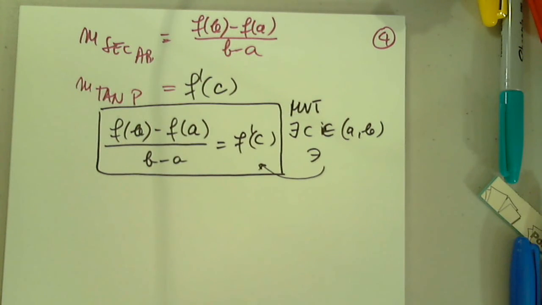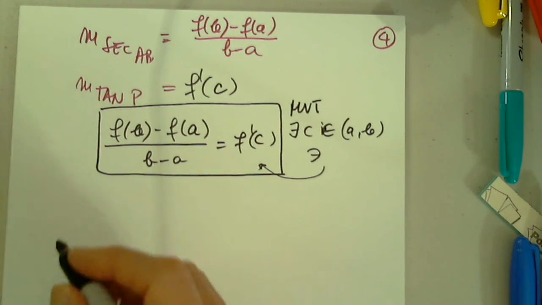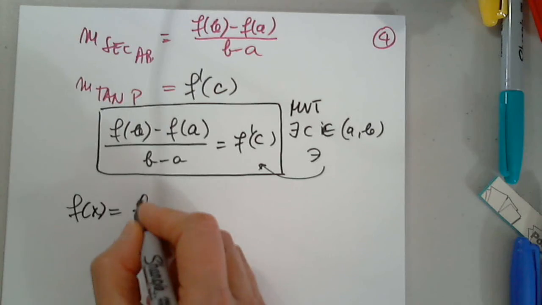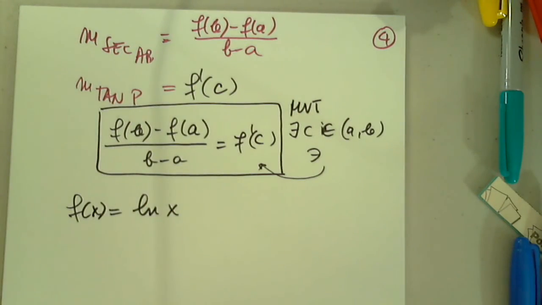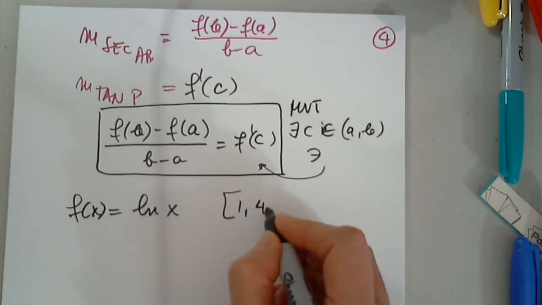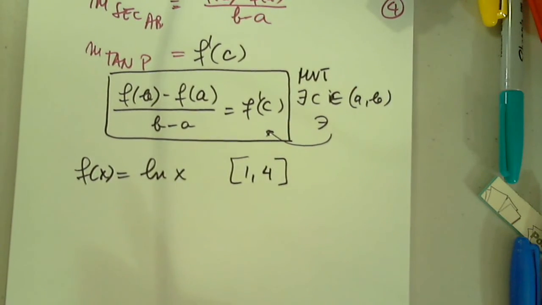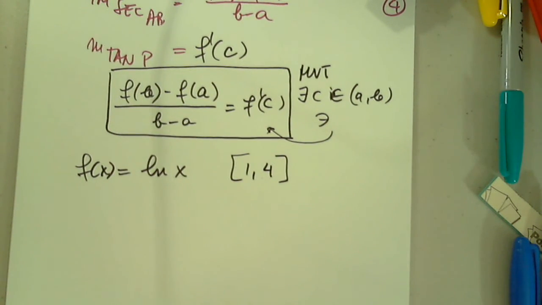Let's look at a question. Let f of x equal natural log x, and the interval given is [1, 4]. The question says: verify that the function satisfies the hypotheses of the mean value theorem on the given interval, and find all numbers C that satisfy the conclusion of the MVT.